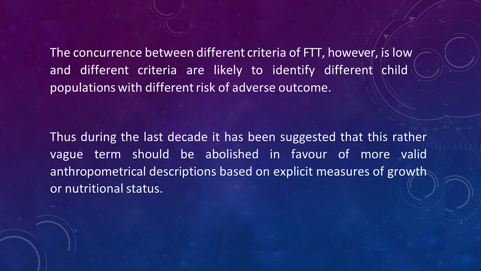Later on, these criteria were discarded and anthropometry came into the picture. Thus, during the last decade it has been suggested that this rather vague term should be abolished in favor of a more valid anthropometrical description based on explicit measures of growth or nutritional status.